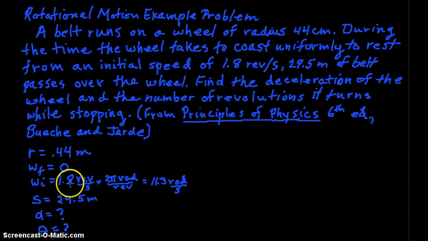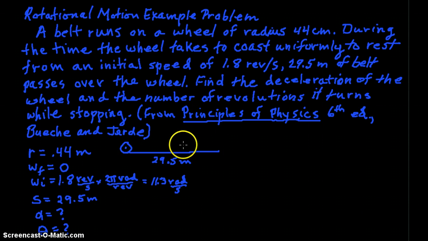So then I would draw a little sketch of it. So you've got a wheel, and 29.5 meters of belt pass over it, or that would be equivalent to this wheel rolling over a distance of 29.5.